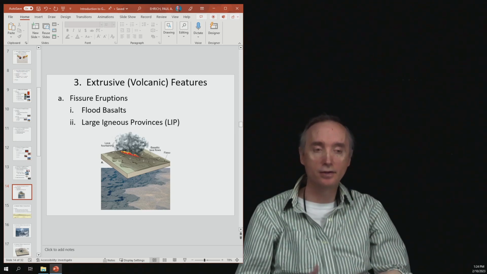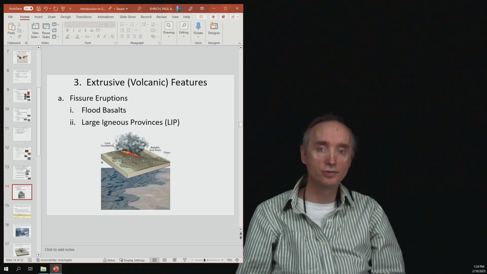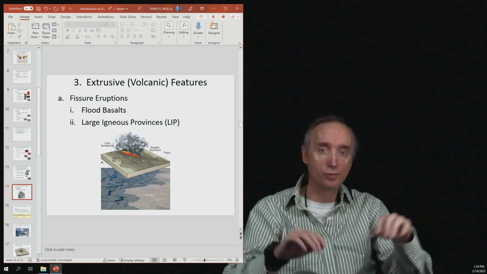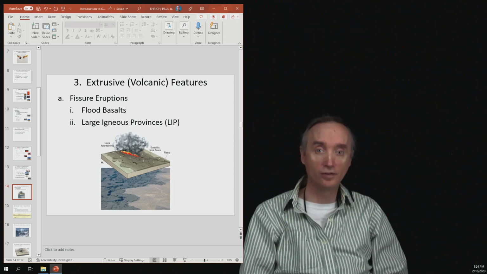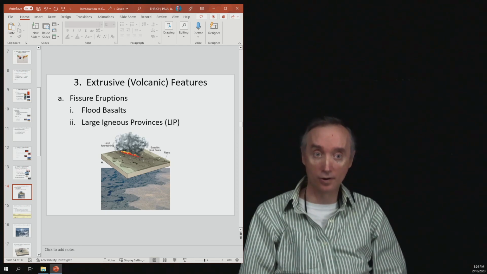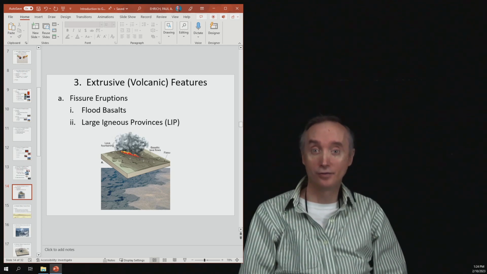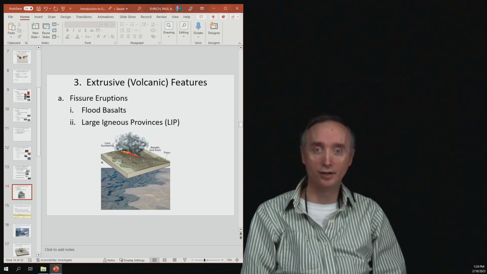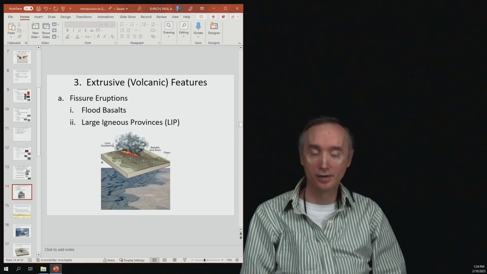So it tends to make fountains, and it also tends to run sideways on the ground and make these flood basalts. Now, the flood basalts are normally limited in how large they are. However, you can also have very large flood basalts, which we're going to call large igneous provinces, abbreviated by LIP. These things can cover hundreds of square kilometers.